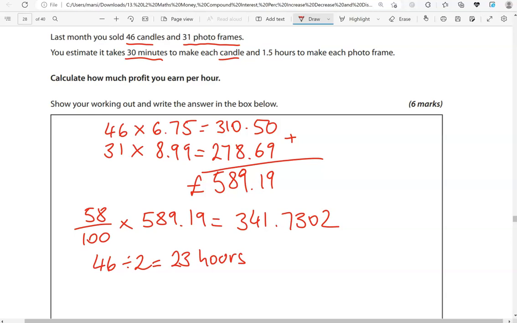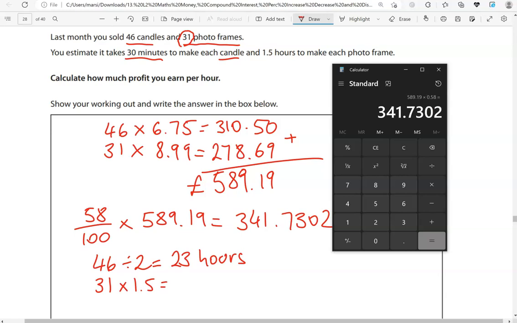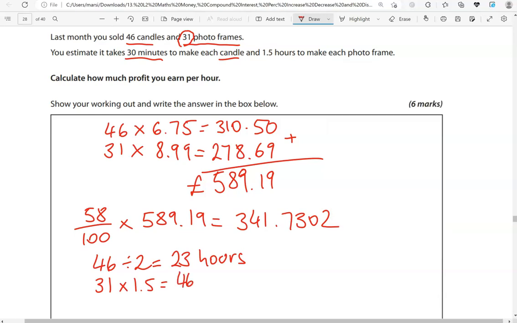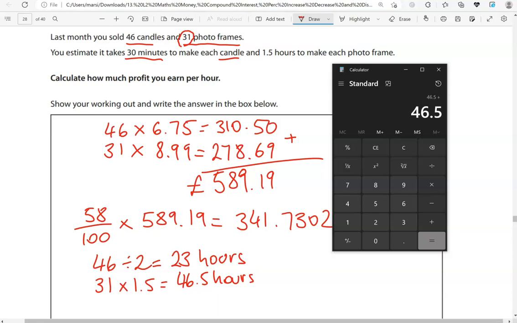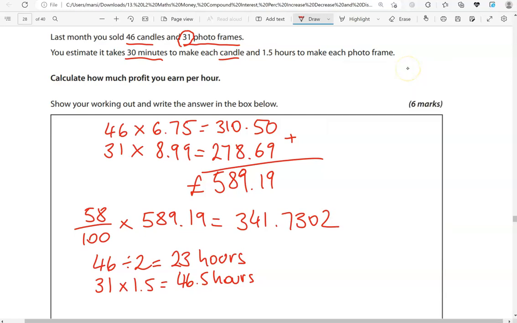Now we've got 31 photo frames at 1.5 hours each. So we're going to do 31 times 1.5, which is 46.5. So 46.5, add the 23 hours for making the candles, that is 69.5 in total.